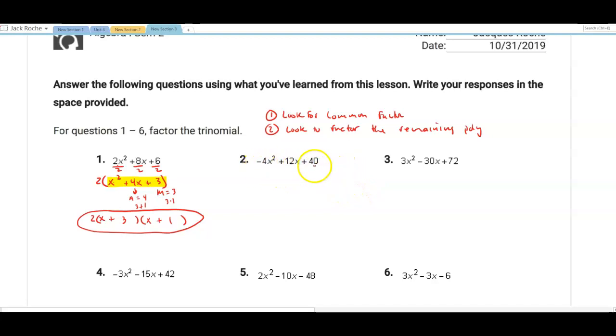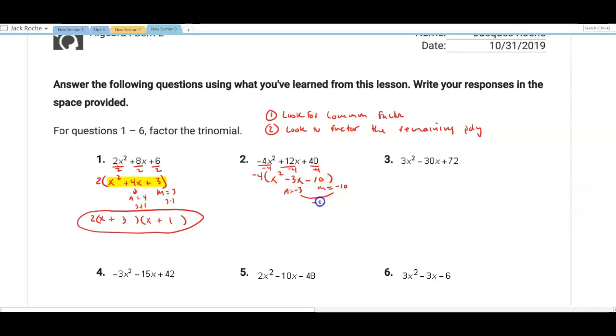The next one, my GCF is negative 4, so I divide everything by negative 4. So I end up with x squared minus 3x, because 12 divided by negative 4 is negative 3, minus 10. Now, are there numbers that multiply to give you negative 10 and add up to give you negative 3?